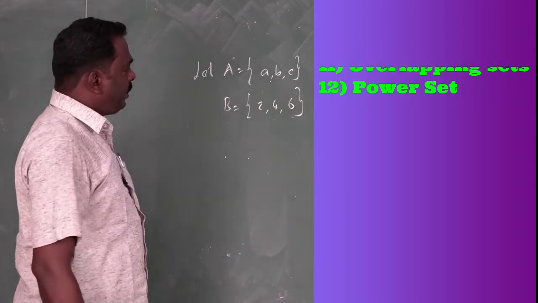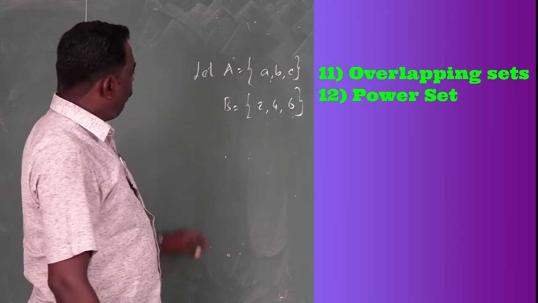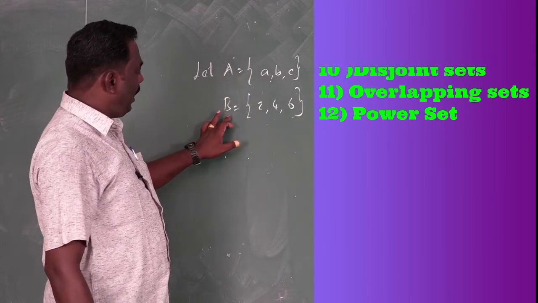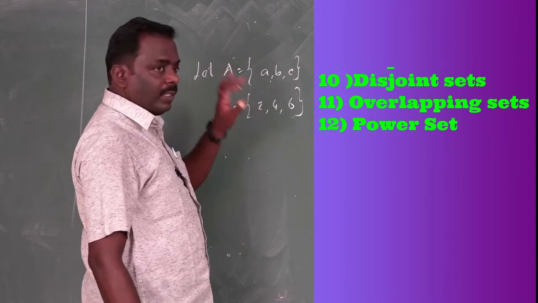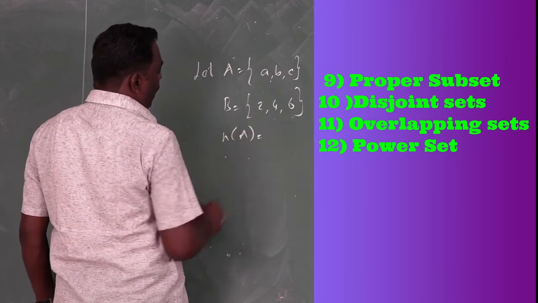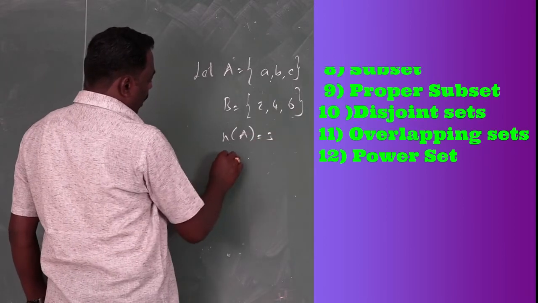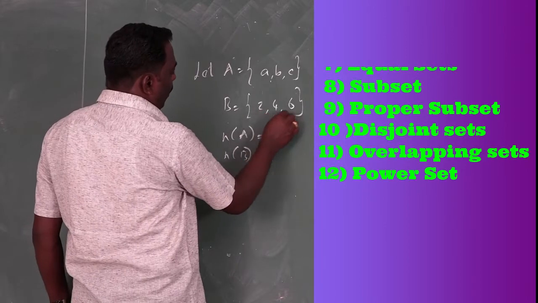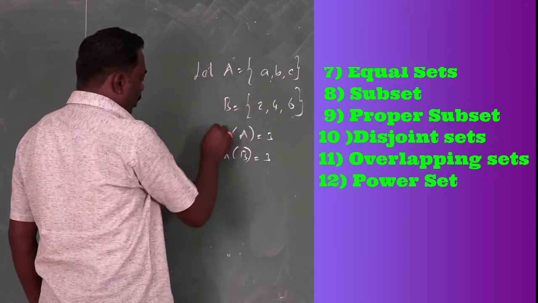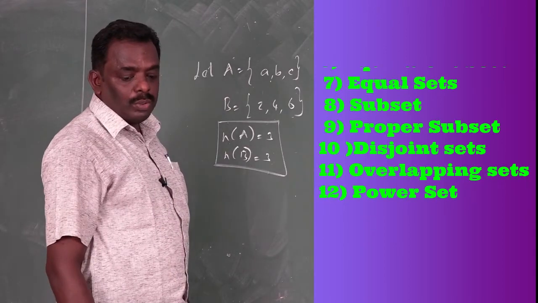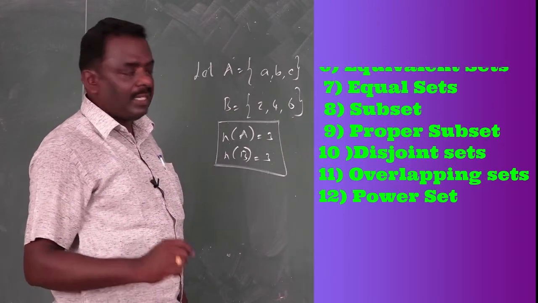Comparing the two sets A and B: A contains a, b, c and B contains 2, 4, 6. n of A, the number of elements in set A, is 3. The number of elements in set B is also 3. Since the number of elements of the two sets A and B are the same, the two sets are defined as equivalent sets.